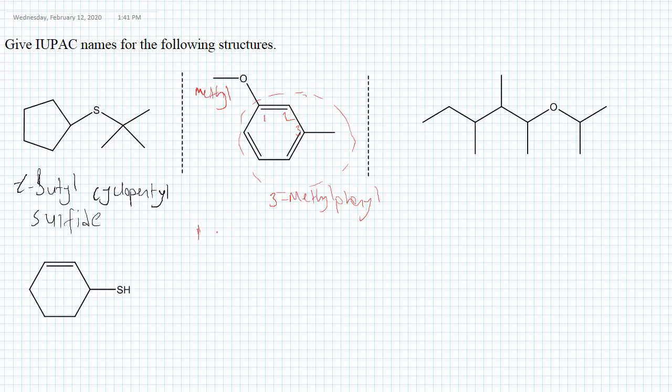Let's use the black color for the name. So let's say methyl space 3-methylphenyl. I'm going to continue down.